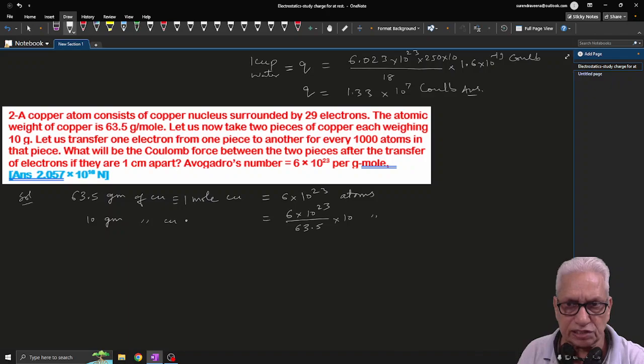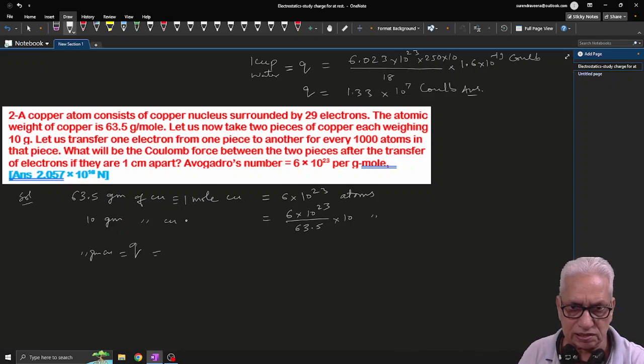As per the question, for 1000 atoms, only 1 electron is transferred from one piece to another. The piece losing an electron has positive charge, and the gaining piece has negative charge. Both are equal. So we are interested in the charge Q in 10 gram of copper piece.